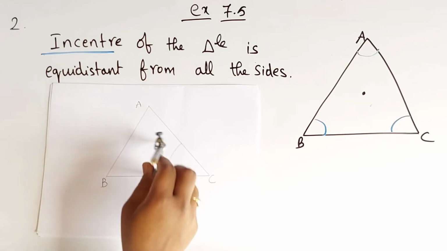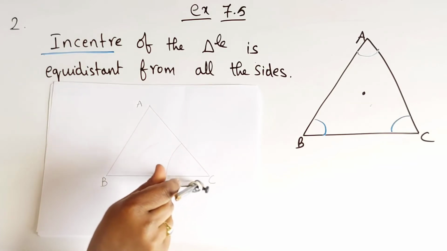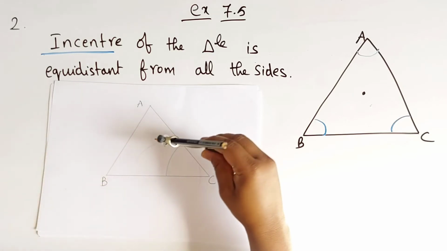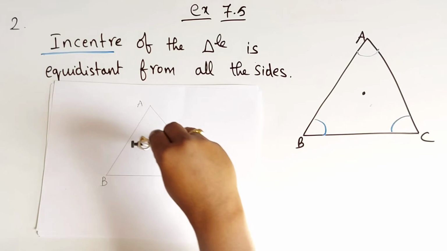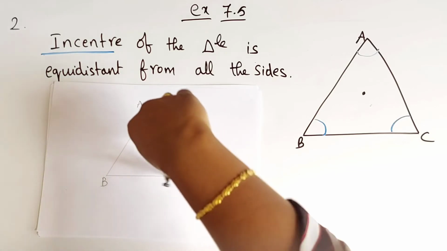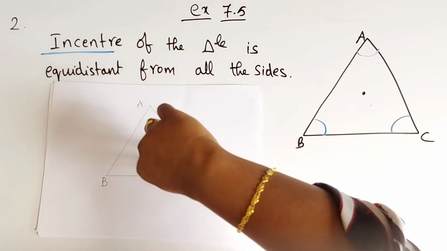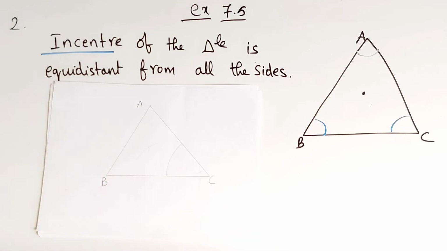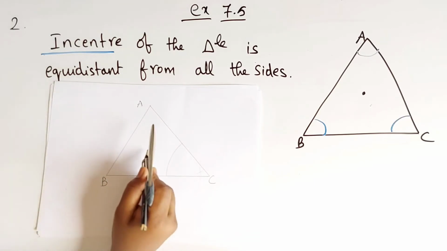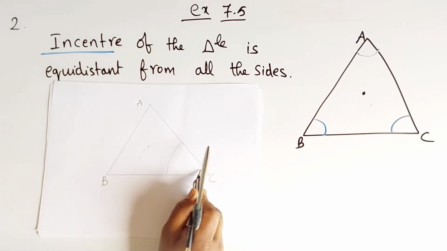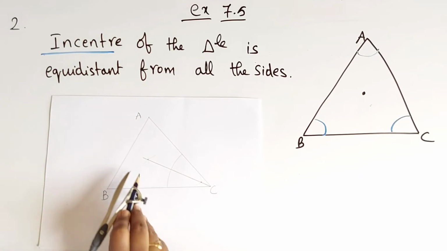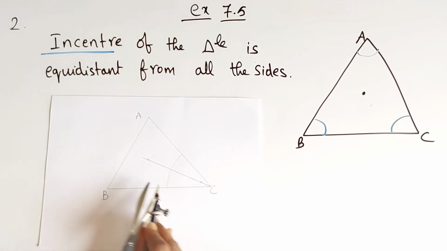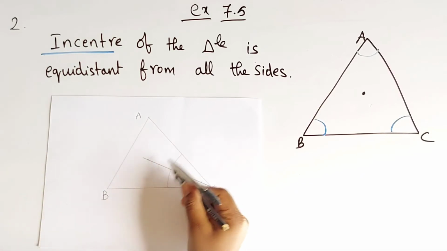Now draw an arc here and here. From this side also, the same. Here and here, children. Now we need to join this point and this point. If you join these 2 points to C, children, you will get this angle bisector.